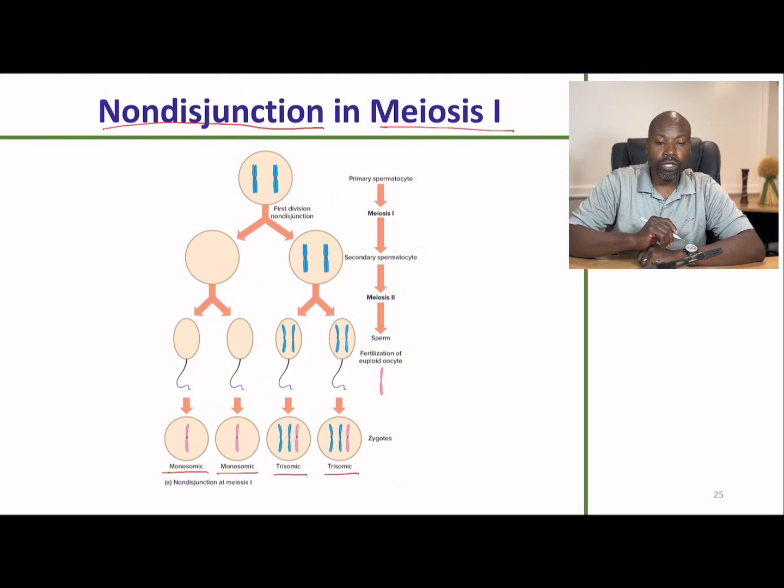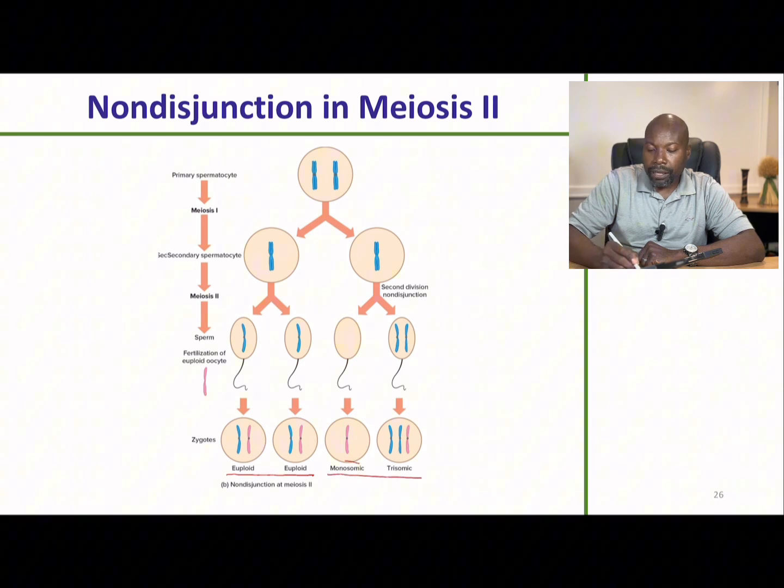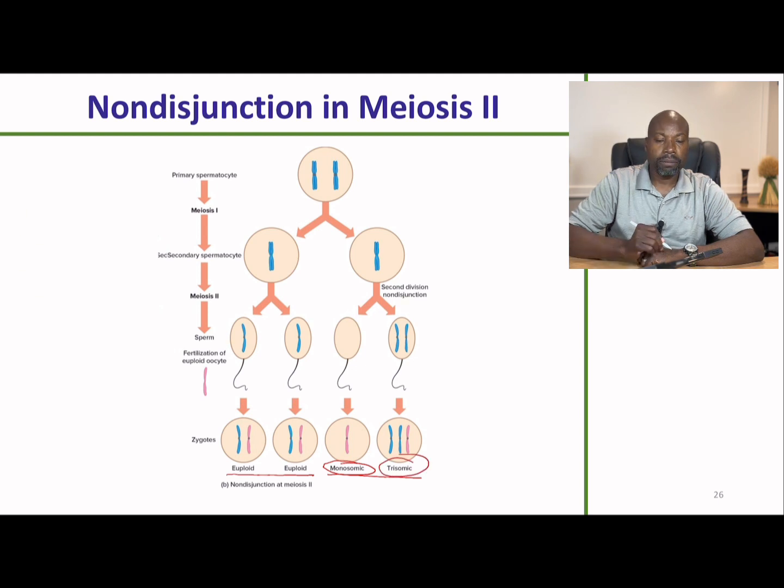But when it occurs during meiosis 2, two cells are going to be normal. They're going to have the normal number of chromosomes, so they are haploids, while two are going to be abnormal, one being monosomic, the other one trisomic, right?